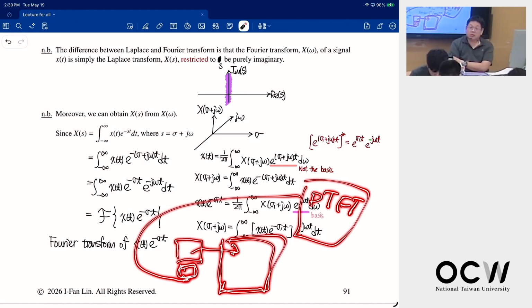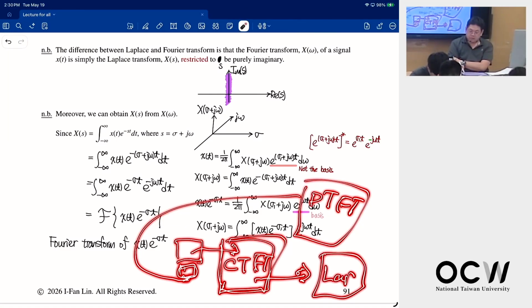Now this continuous time Fourier transform we will extend to the Laplace transform. Next week, the discrete time Fourier transform, I can also extend it to what? The Z transform.